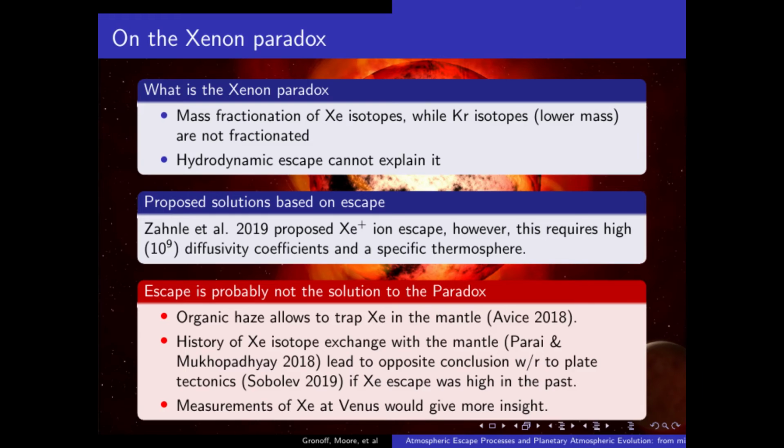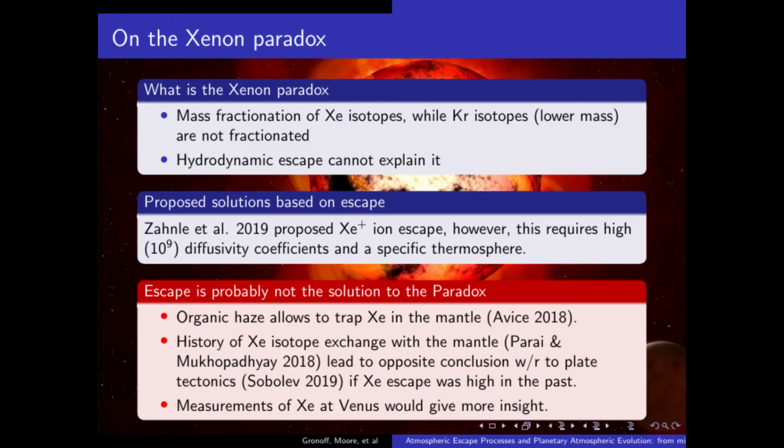However, when we look at all the xenon and all the processes able to take away xenon from the atmosphere, we discover that organic hazes can trap some of that xenon in the mantle of the Earth, and there is a lot of xenon isotope exchange within the mantle.